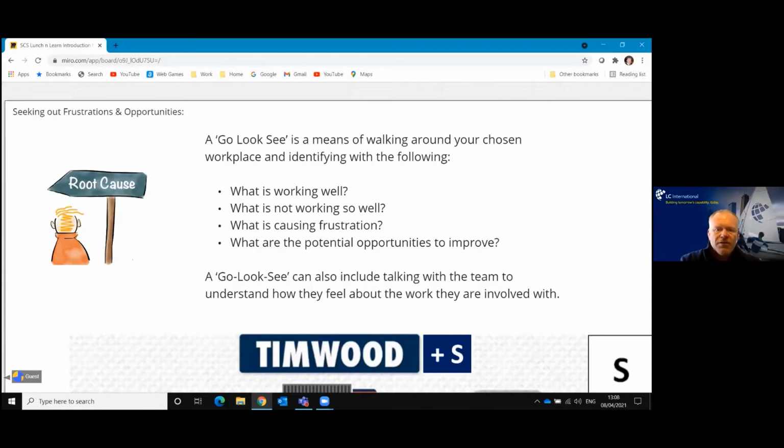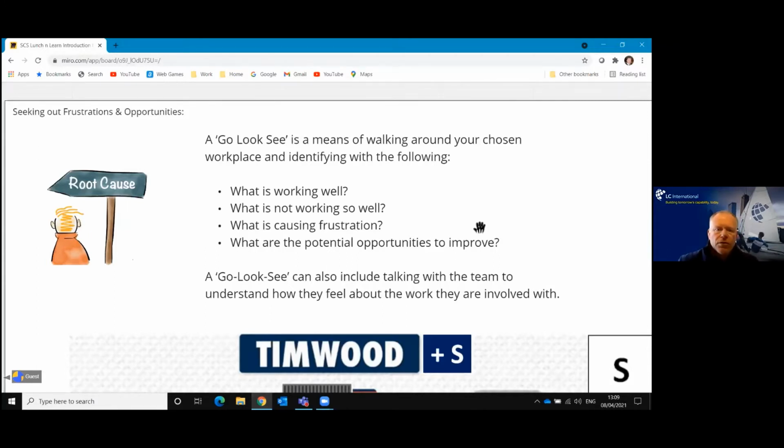But also by the very nature of going onto site, they're working with the very people that see these problems day by day, but don't necessarily know what action to take to improve or who to go to. So our Go, Look, See is all about getting to see the issues that we see, talking to people and understanding what frustrations they have, but then working with them through those enablers to say, well, we can make a difference.